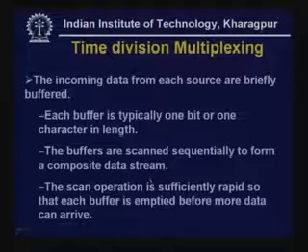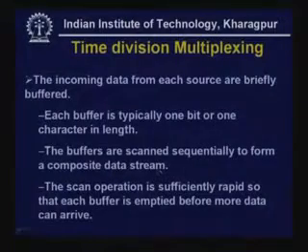Here, the incoming data from each source are briefly buffered, and each buffer is typically 1 bit or 1 character in length. So, first the signal is received, then the signals are buffered before doing the multiplexing.